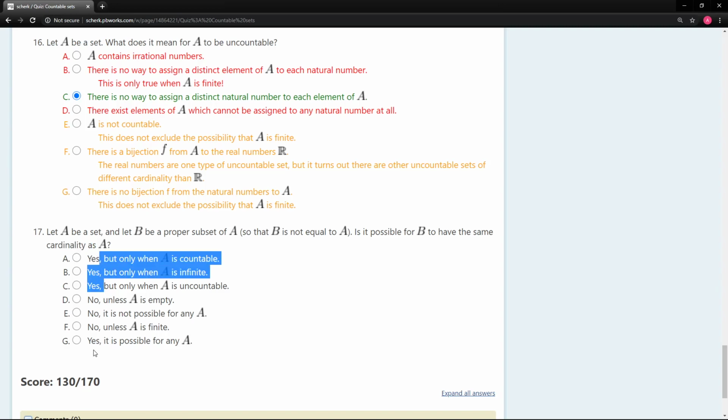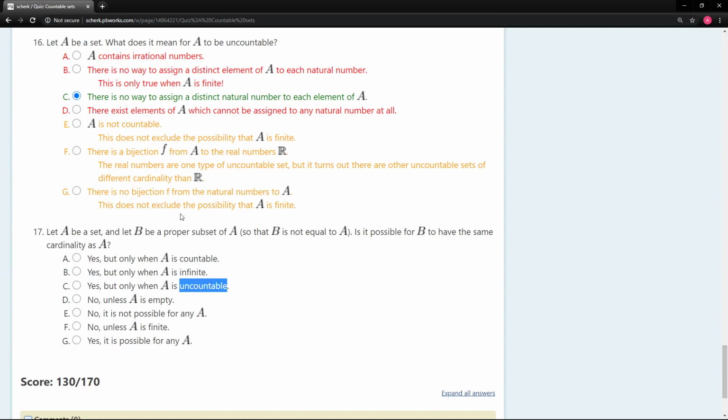But they have the same cardinality. So we're only gonna look at yes. Yes, it's possible for any A. Yeah. Only if it's countable, infinite, or uncountable. Some definitions that we might not have been used to.